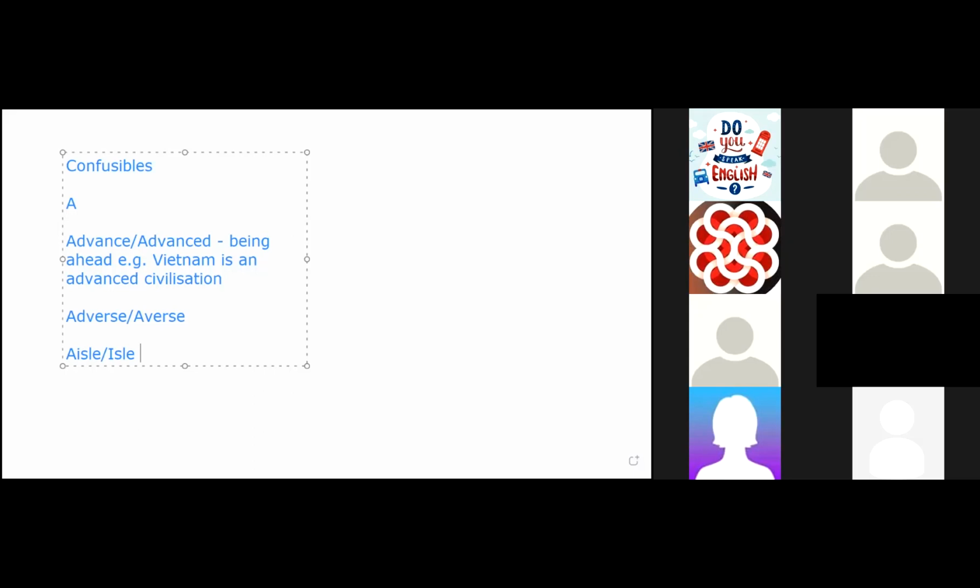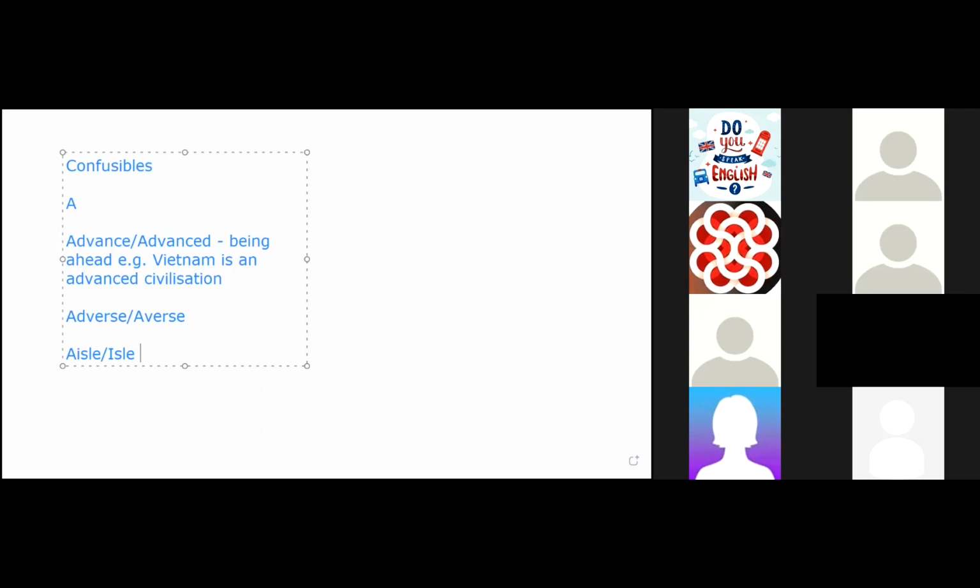Aisle, spelled A-I-S-L-E. It means the path. Sorry, I can't quite hear you, Gao Khan. I think it means the way.